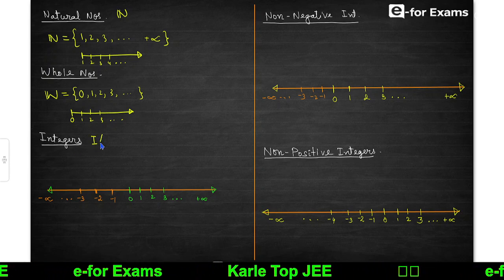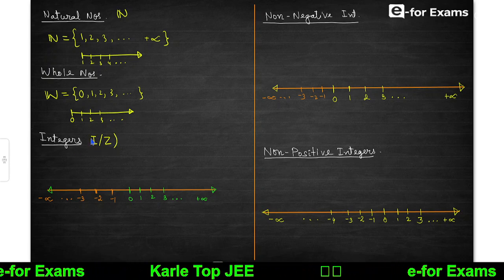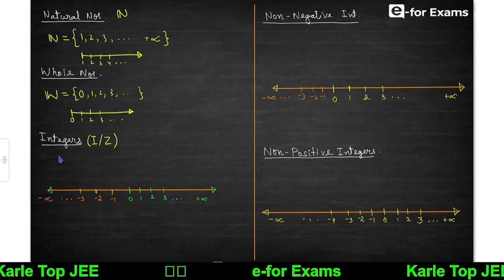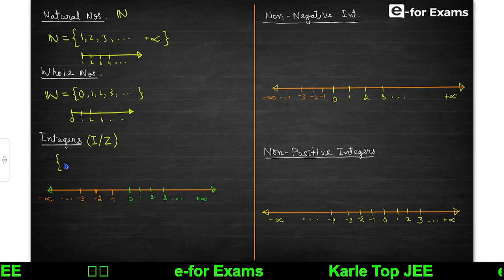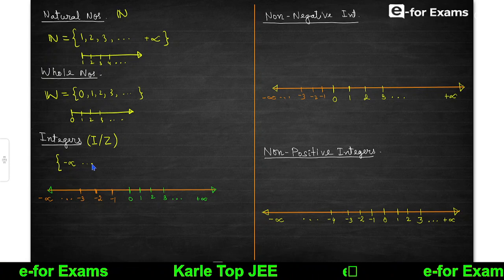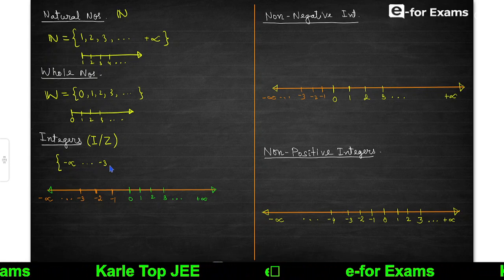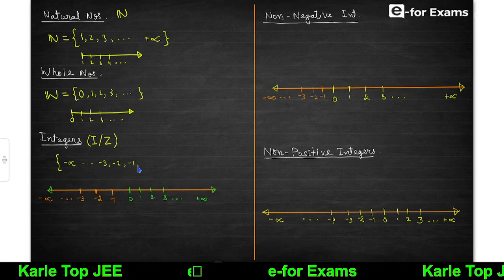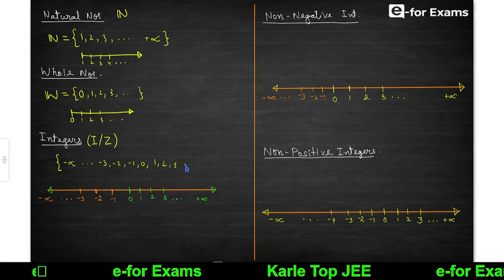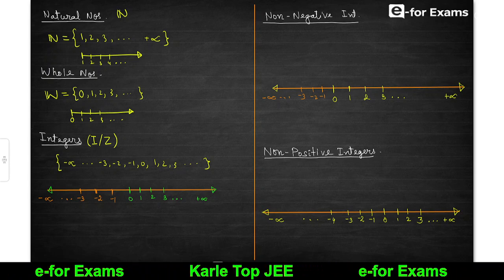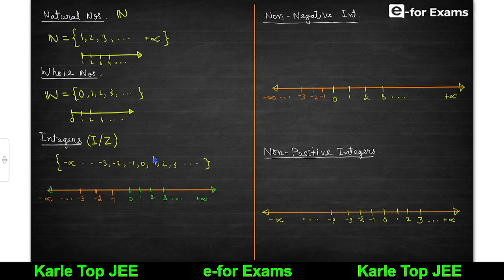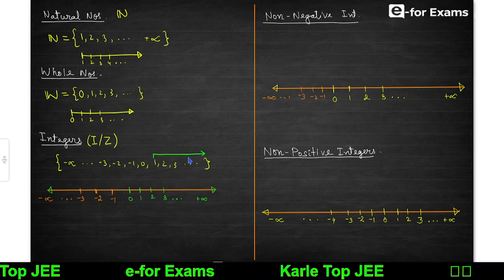And then integers. Integers are represented by I or Z. It starts with negative infinity dot dot dot up to minus 3, minus 2, minus 1, 0, 1, 2, 3 and so on. Here you can see 1 to positive infinity.